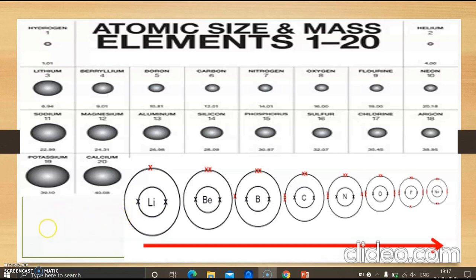Therefore, the ionization energy goes on increasing from left to right due to decrease in atomic radii.